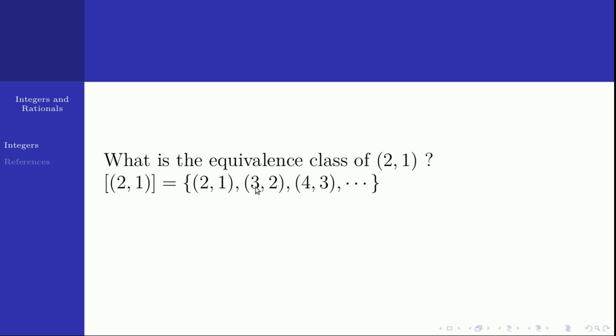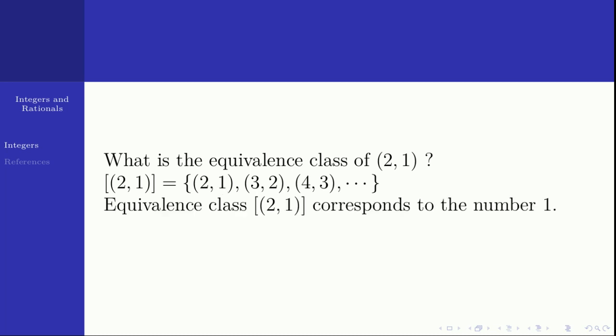You may observe that the difference between the first and second element, that is first element minus second element, is 1 only. So the equivalence class of (2, 1) corresponds to the number 1.